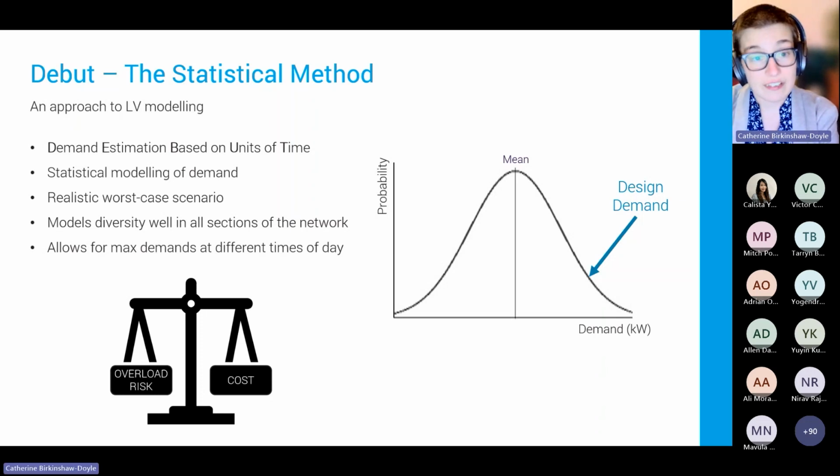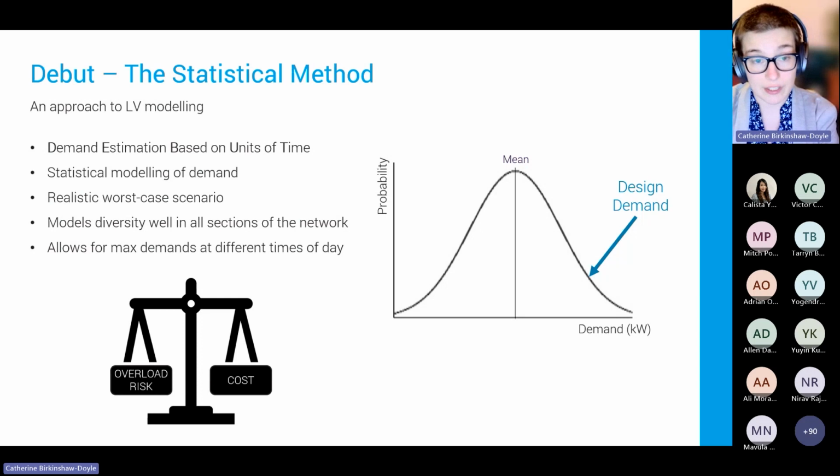So DEBU is a statistical approach. It's based on the observation that customer demand during a half-hour slot is approximately normally distributed, and you can do a lot with the statistics from this. So in the DEBU approach, each customer's half hour of demand is modelled separately using a mean and a variable component of demand.